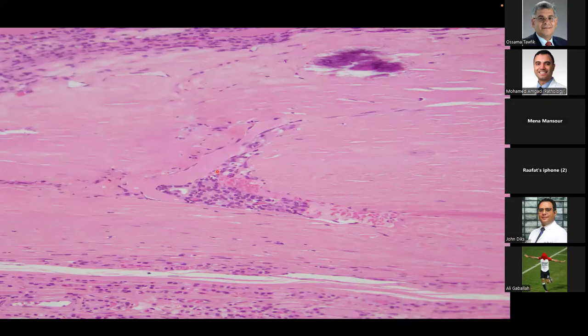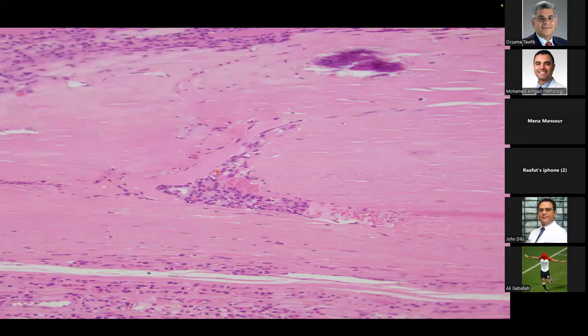Okay, so other than CD31, can we use IHC to help us with capsular and vascular invasion and so on? And really the answer is no. There's nothing you can really do with IHC to help you tremendously with finding out if there's vascular or capsular invasion.